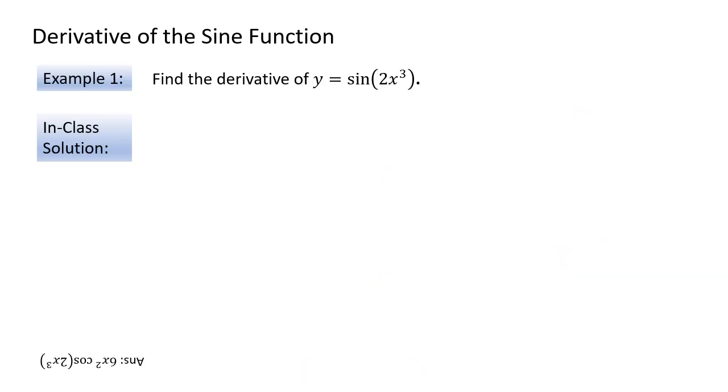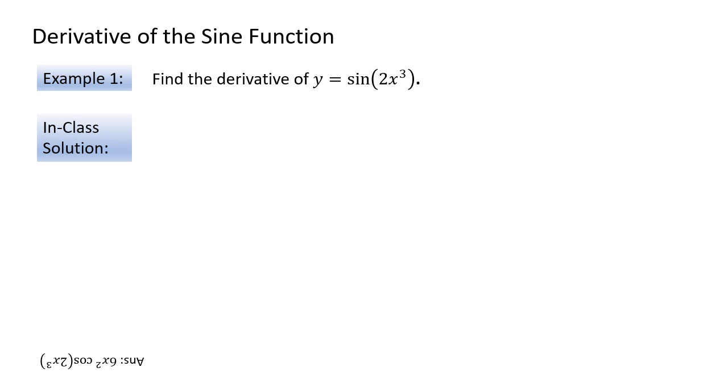So let's look at a few examples. I'm going to do 3 separate examples of just the sine function with slightly different variations so you can see how the derivatives change. So the first is find the derivative of y equals sine of 2x cubed. You just saw a similar example from me last slide.